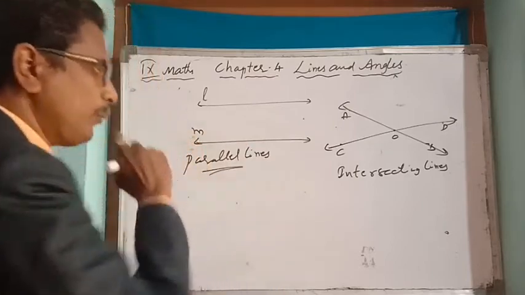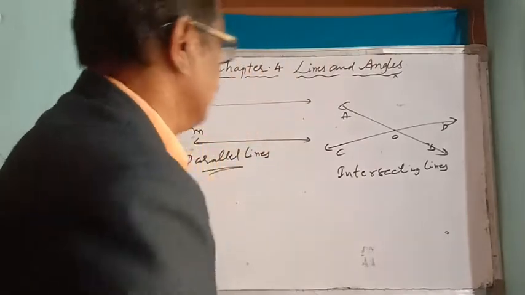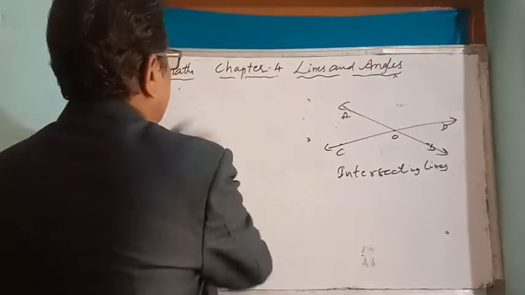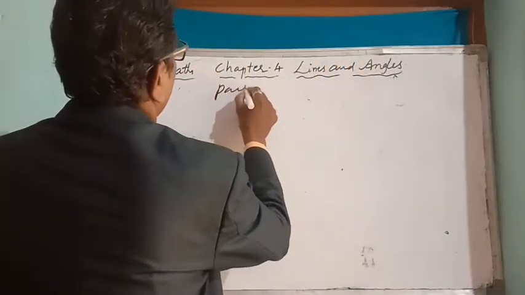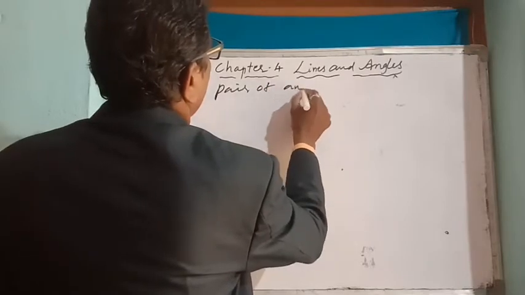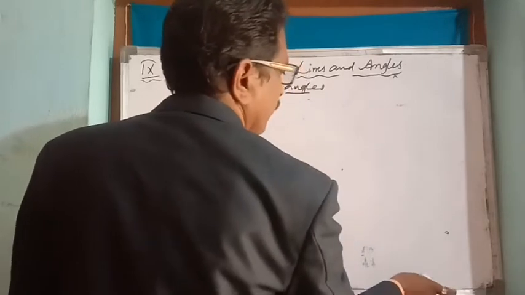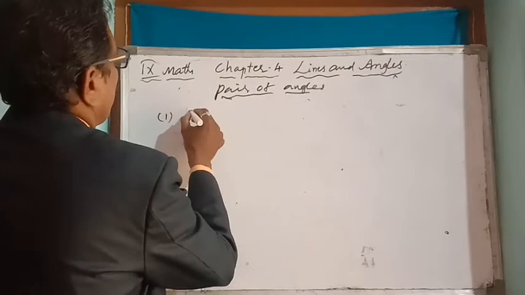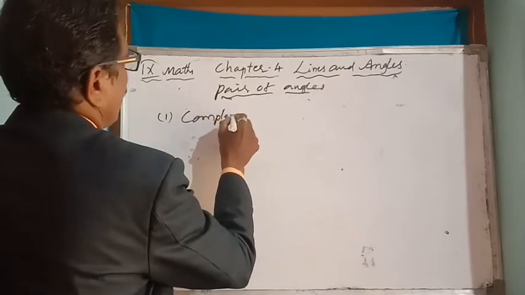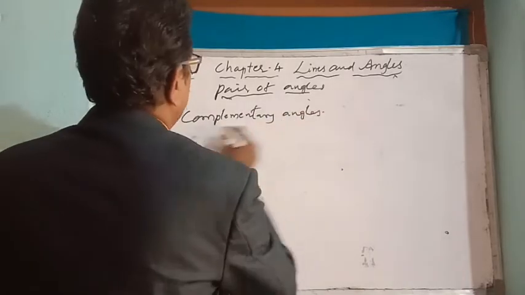Now, pair of angles. What are the pair of angles? The first one is complementary angles.